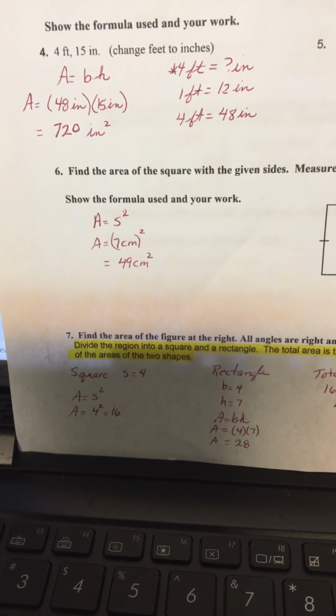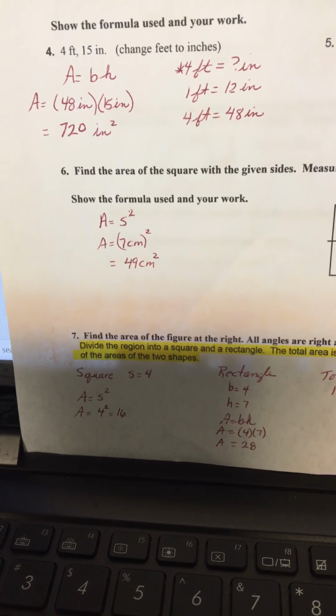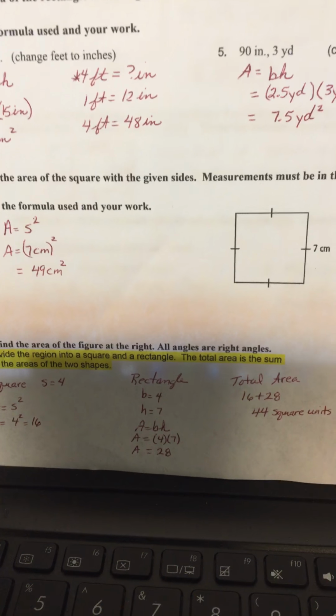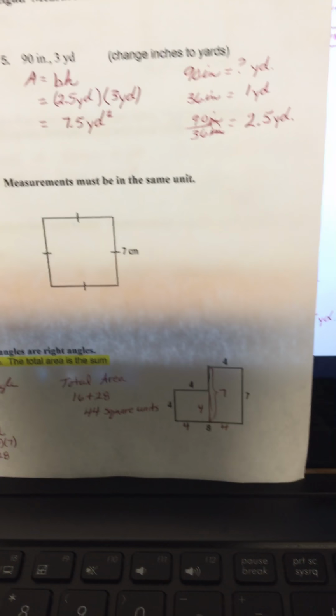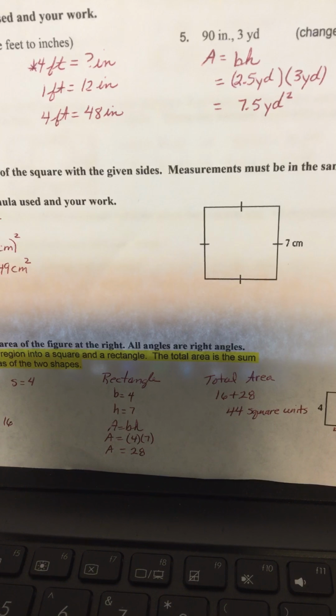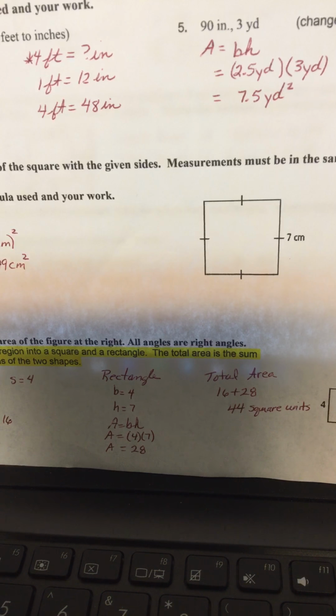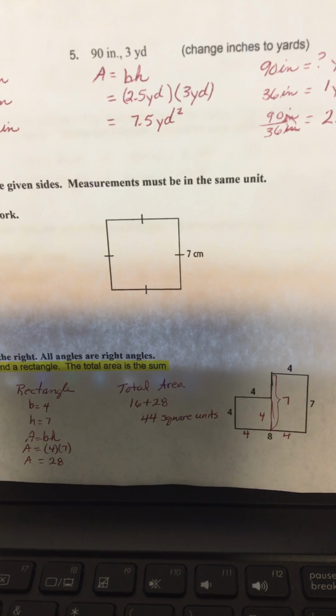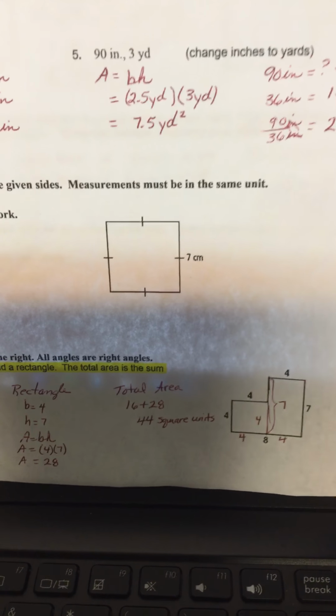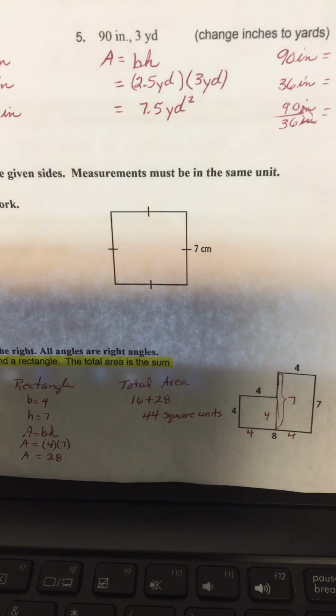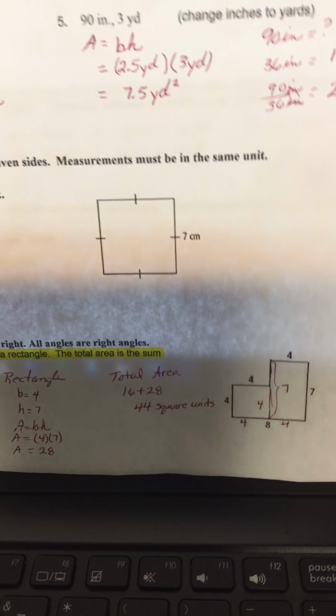The square measured 4 by 4, so that's 4 squared equals 16. My rectangle was a base of 4 and a height of 7. So that's 28. And so when I add those two values together, I will get a total area of 44 square units.